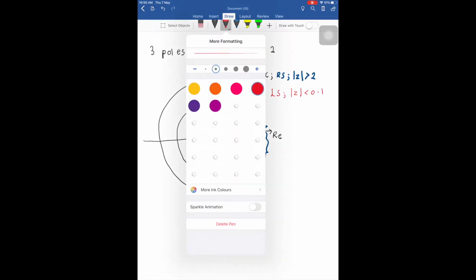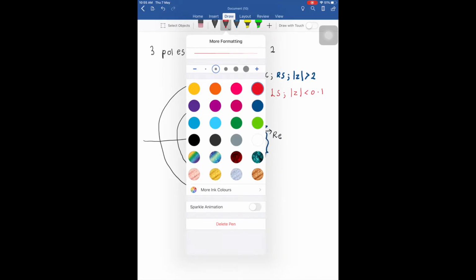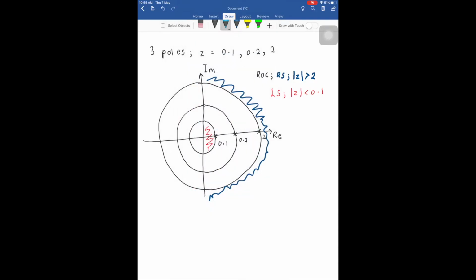So what happens if you have another 2 poles, which is 0.1, 0.2, and 2? What happened in between? You cannot put a two-sided region from 0.1 until 2.